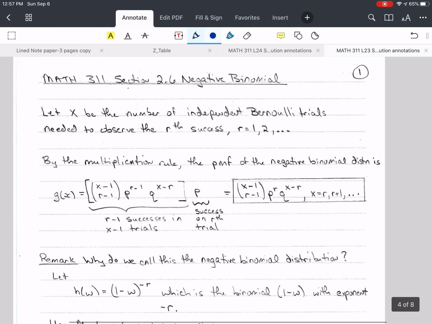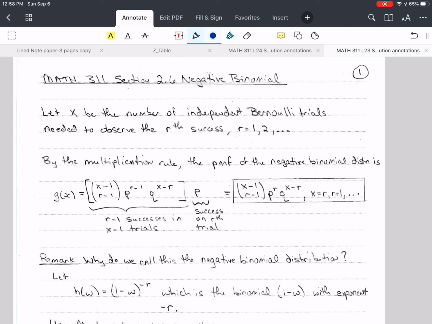So we're going to let X be the number of independent Bernoulli trials that we need in order to observe the rth success, and r can be 1, 2, etc. We're using the multiplication rule to get the PMF.